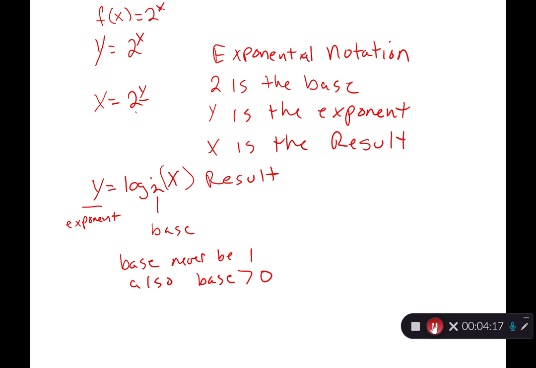And also our result, x, has to be greater than 0. And that certainly makes sense, because if we go back to our exponential notation, if our base is positive, it doesn't matter what our exponent is, x will also have to be positive as well. So I need you to remember these two things, because later on when we're talking about the domain of logarithmic functions, it's something that we are going to have to deal with.